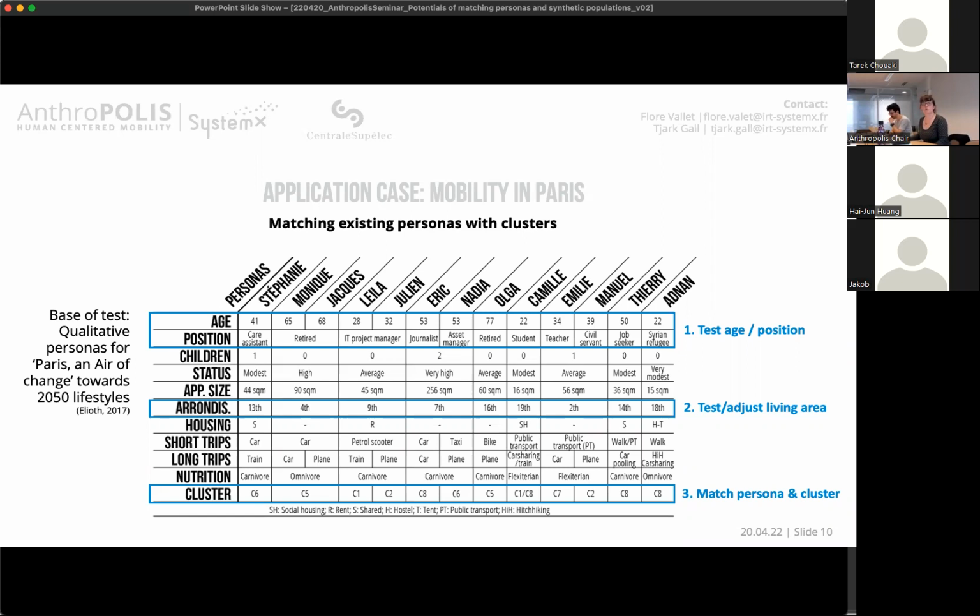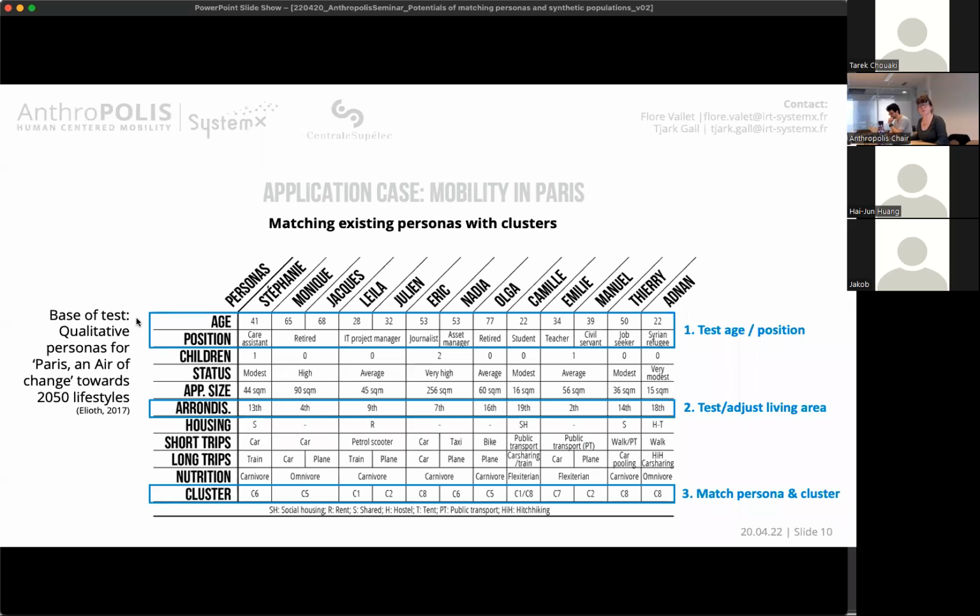We took these personas because they were based in Paris and they were quite detailed. They were described and elaborated for 2016. We've got, I think, 12 or 13 of them. Some are couples.